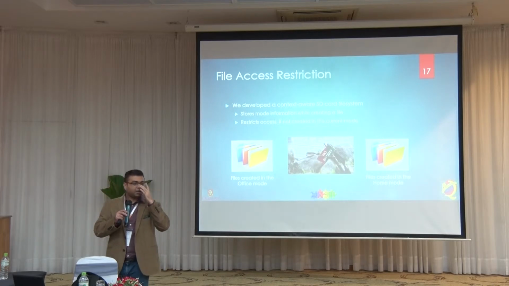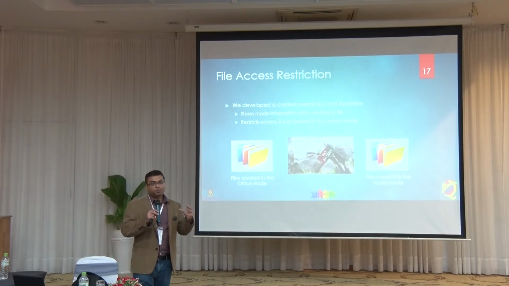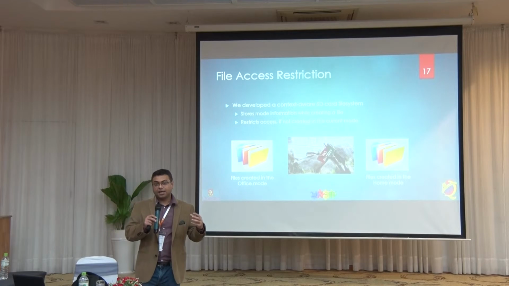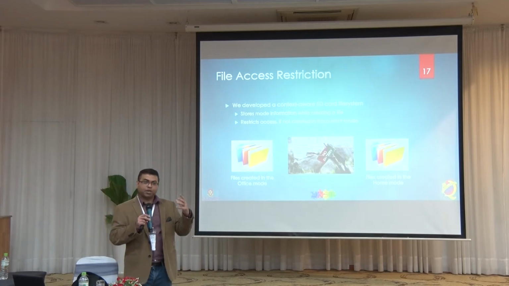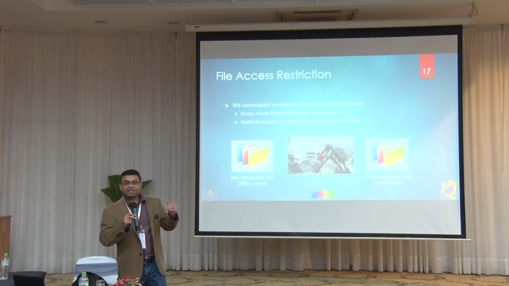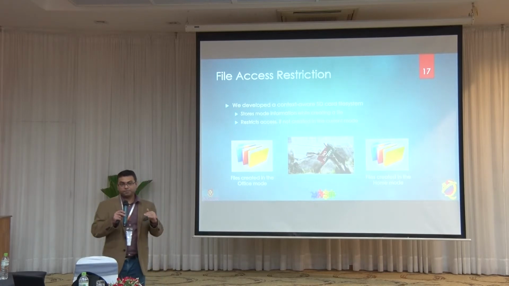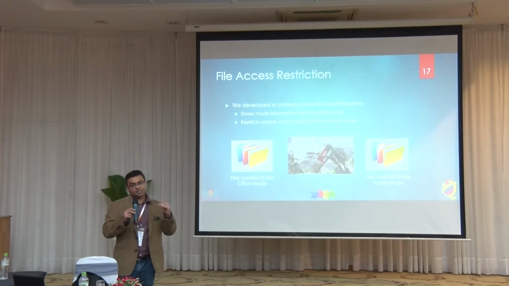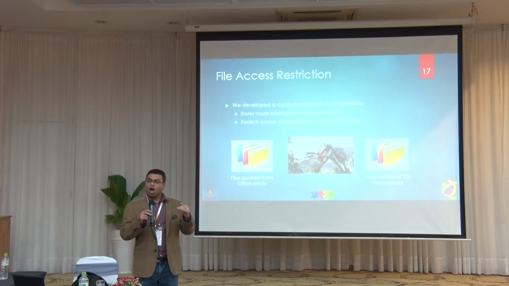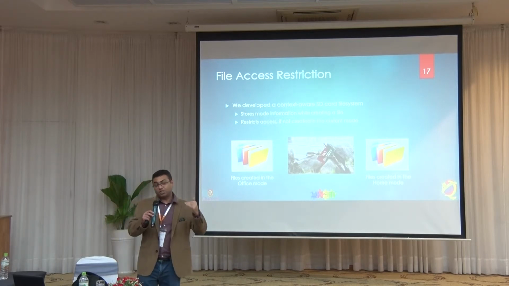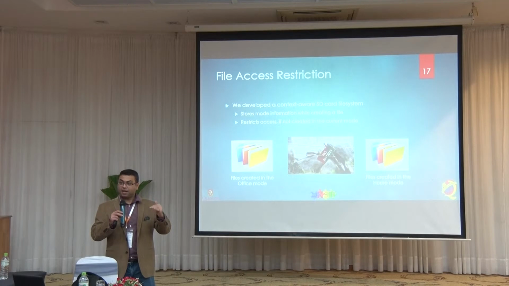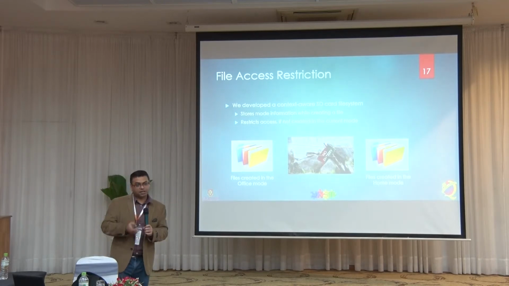So what we have done now, when the file system is creating any file, it stores more information in the extended attributes of the file. And whenever we access any file, it checks whether this file access restriction is on, and if it is on, it checks whether the current mode matches the file creation mode. And if the mode doesn't match, it can deny the access.